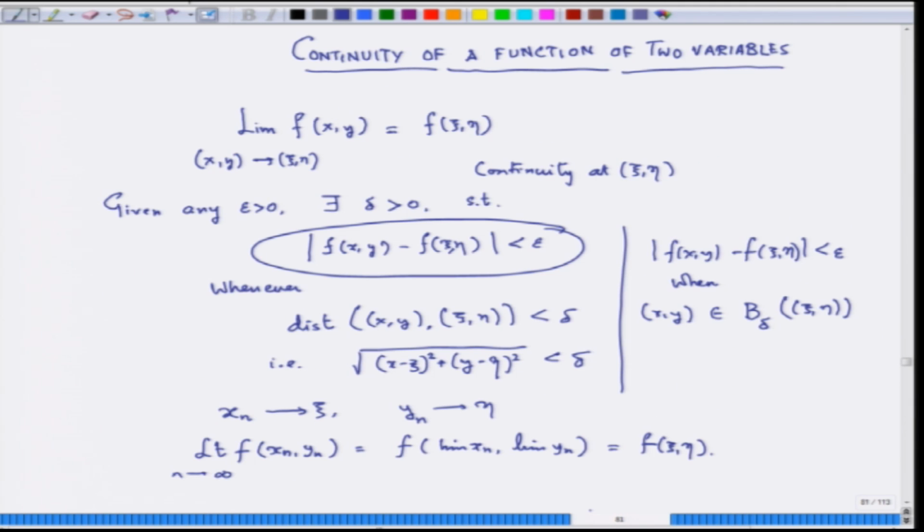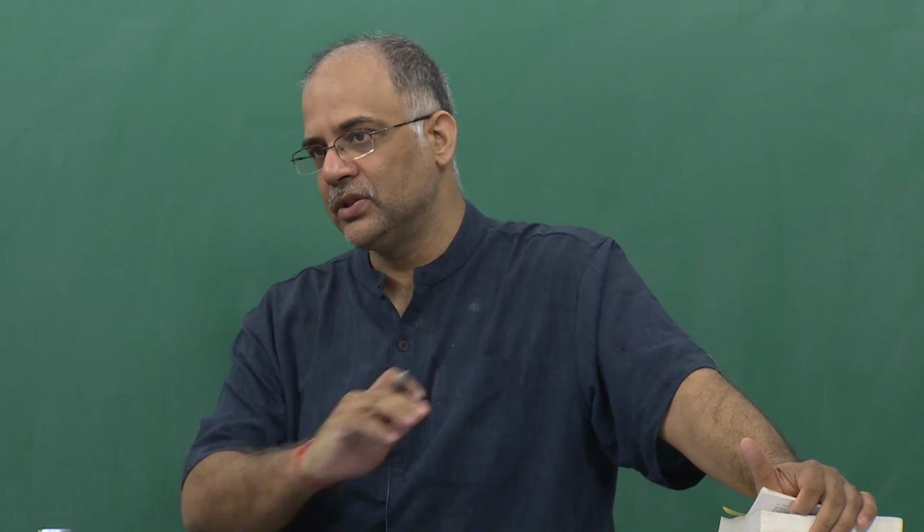So, once we have done this, it is important to know how to detect continuity of a function of two variables. Let me tell you one thing, with functions of two variables, things are very strange. A function of two variables can be such that if you fix the y, make it a constant, then it is continuous in x.